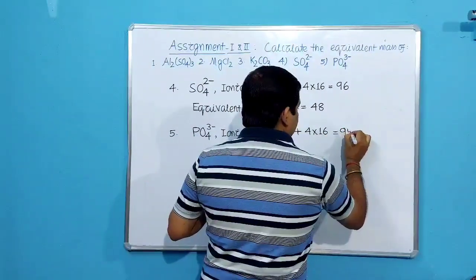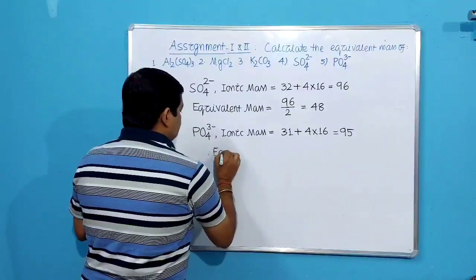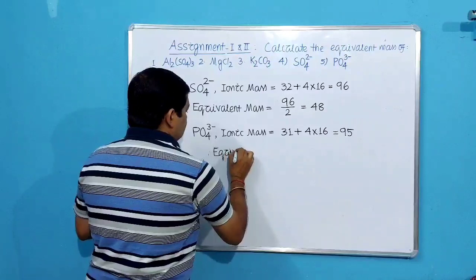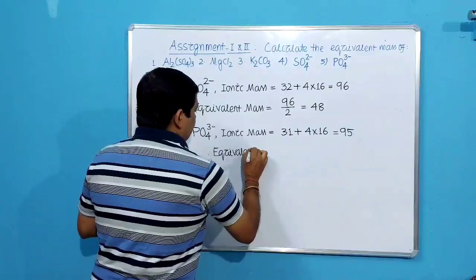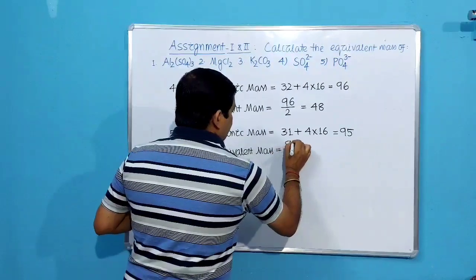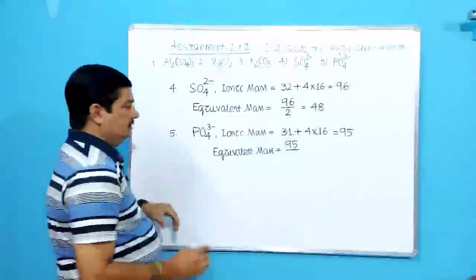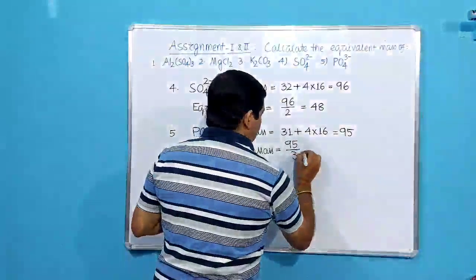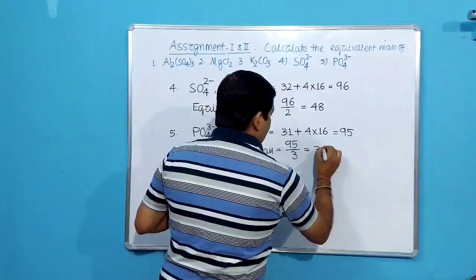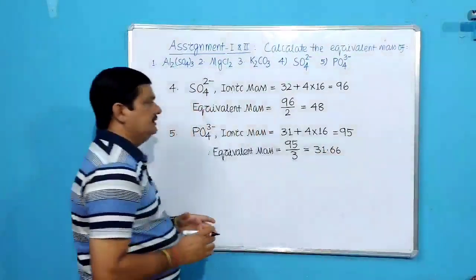So the ionic mass is 95 u. So what will be the equivalent mass? The equivalent mass of phosphate will be ionic mass, that is 95, divided by the charge on the ion, 3. So 31.66 is the answer. Okay.